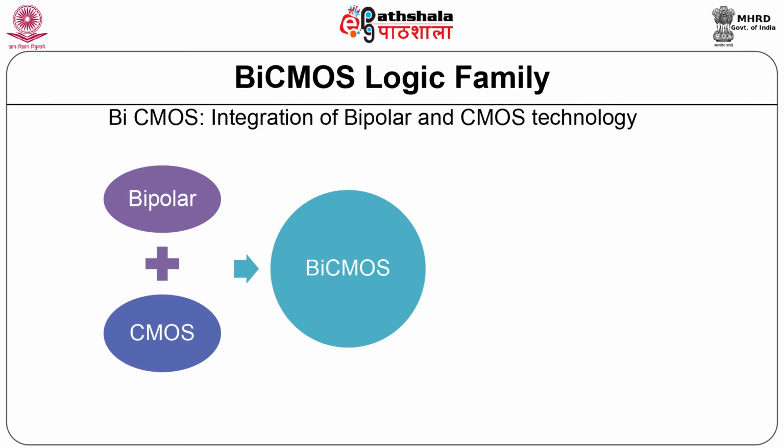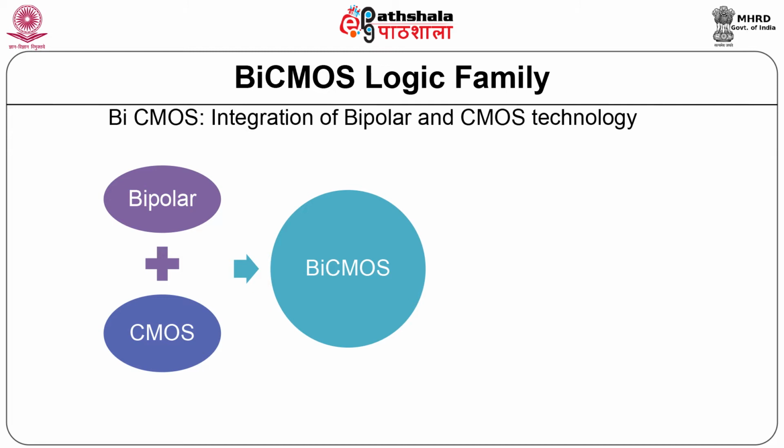The bipolar logic families such as TTL and ECL have the advantage of faster switching speed and larger output drive current capability, and CMOS logic has the advantage of low power dissipation, higher noise margin and larger packing density. BiCMOS logic attempts to get the best of both the logic families.